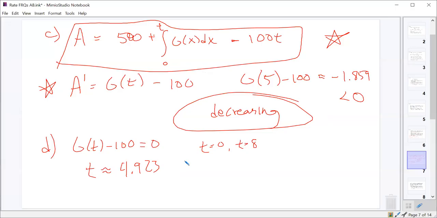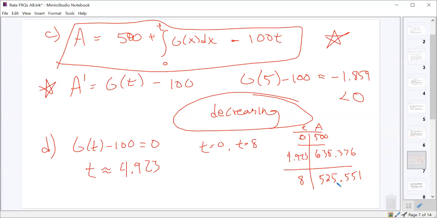A at 0 should be what? Yeah, at 0 it should be 500. I should probably write this out as t and the amount of gravel. At 4.923, you should have plugged that into this equation to get what? Sure, it sounds good. And at 8, you should have plugged in 8 to get what? 525.551.